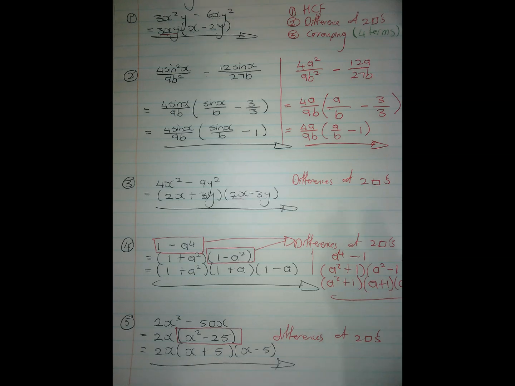The difference of two squares will always be like that. There will always be quite similar brackets, just the sign will be different. What's inside will be the same, but the sign will be different. That is all.